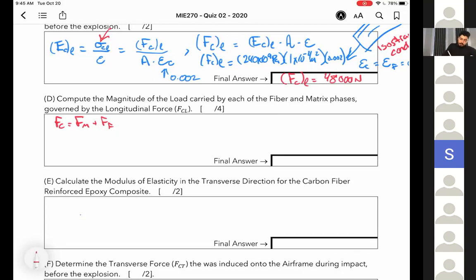Yes, we can use FCL for sure, because we want it governed by the longitudinal force.